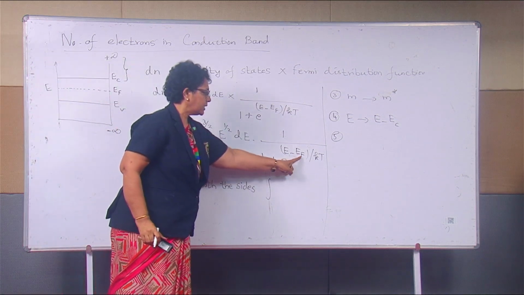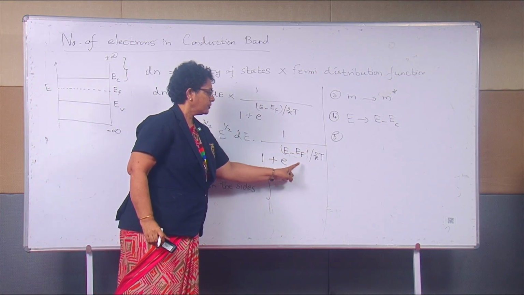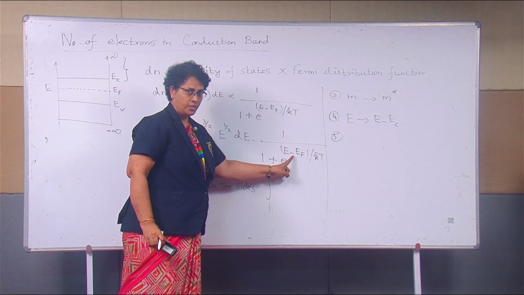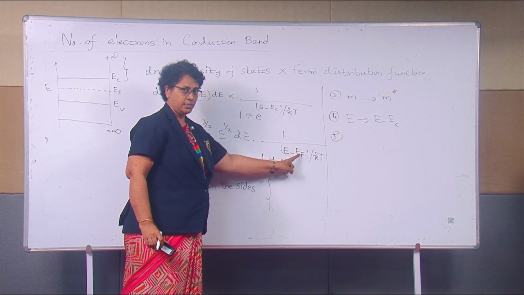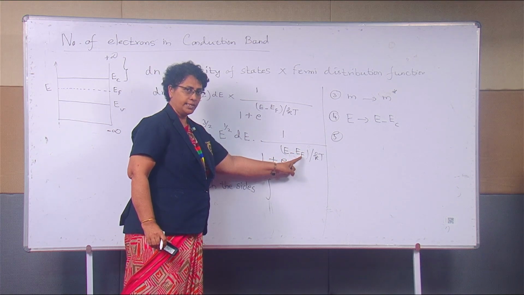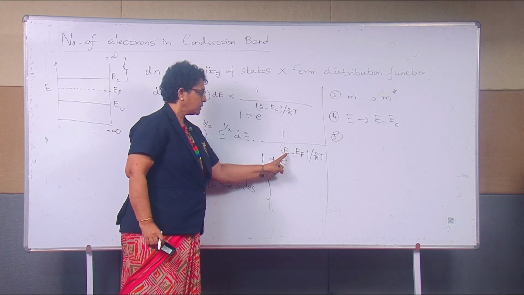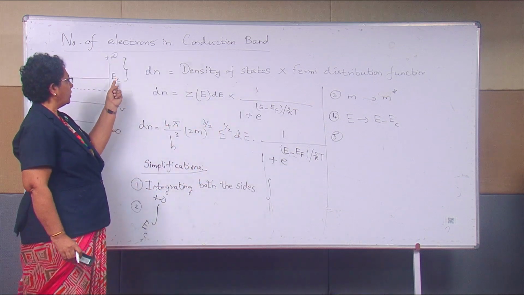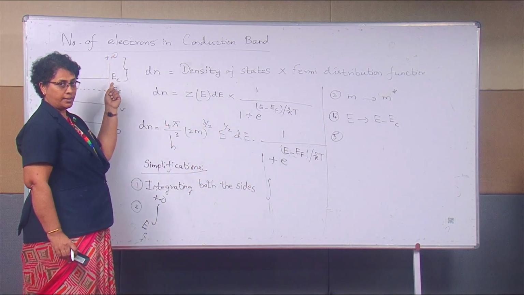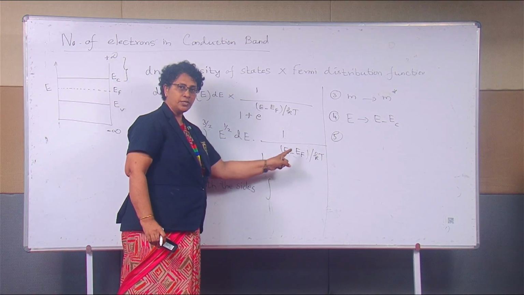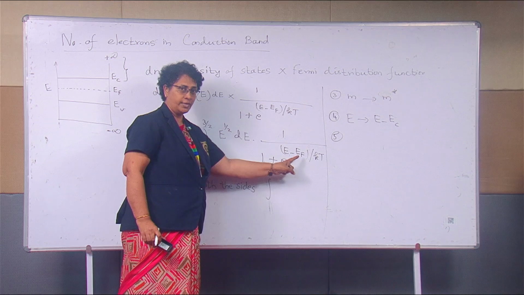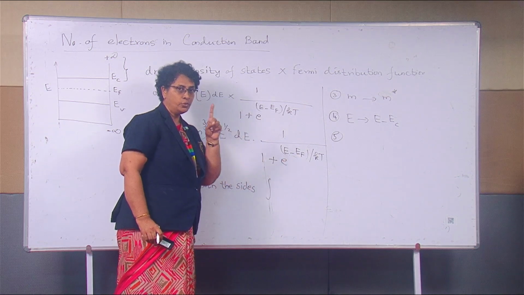So when this is less, the entire result will be negative. So the exponential of that will be negative. But see, this energy value is nothing but one of the energy levels in conduction band. So if this is positive, the exponential of that value will be more effective than this numerical value 1.